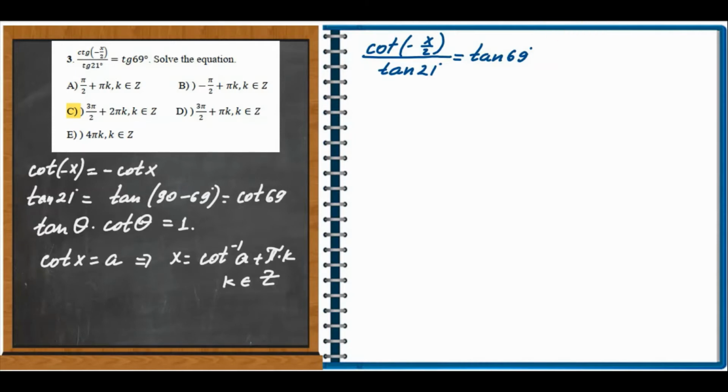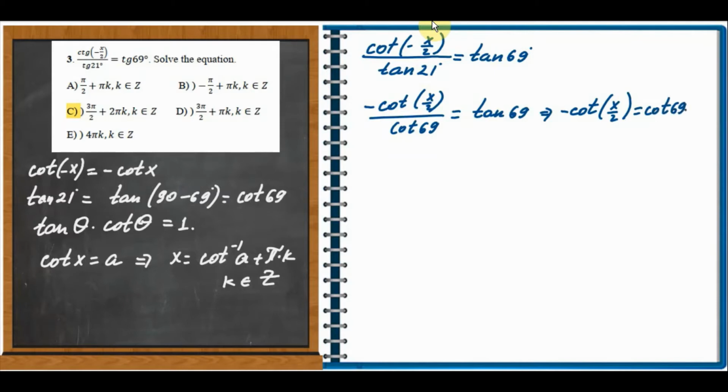Now let's apply all the things that we told. Cotangent negative x over 2 is negative cotangent x over 2. Tangent 21 is cotangent 69 equals to tangent 69. So let's cross multiply, and what we will get is cotangent x over 2 equals cotangent 69 multiplied by tangent 69.